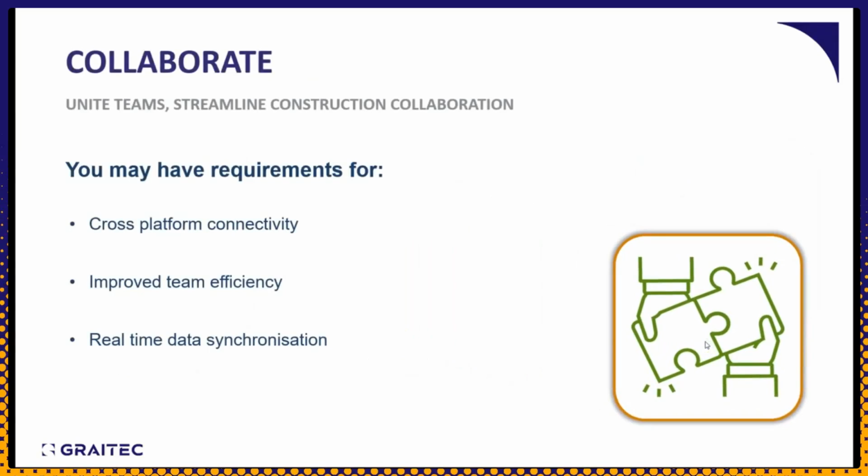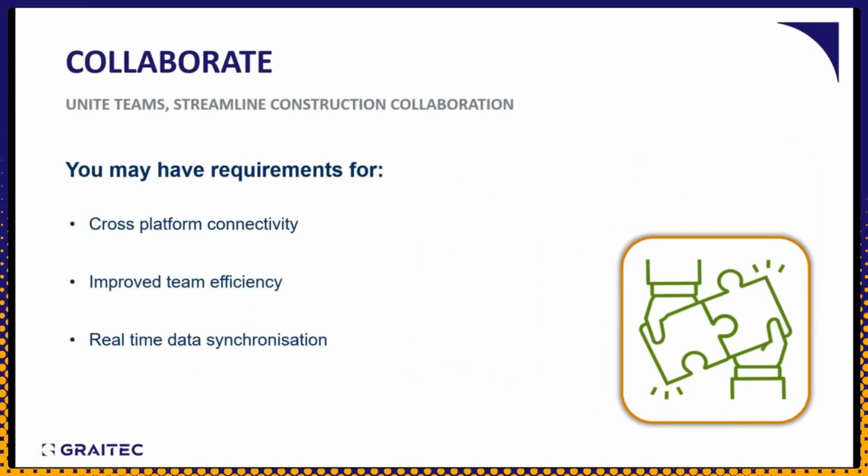Let's focus today on the collaboration aspect. You may need to improve collaboration within your organization or with external stakeholders across different platforms. It's vital to ensure everyone is working with the most up-to-date information. For example, some users might work within ACC, while others remain on Windows or SharePoint, OneDrive, or another environment.